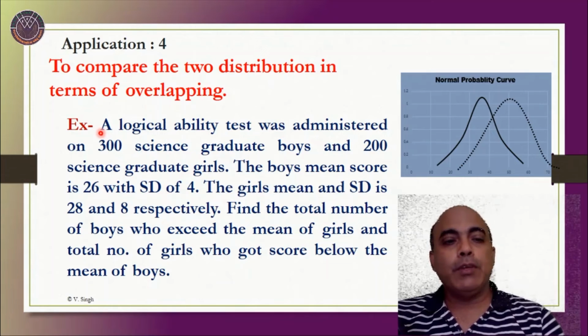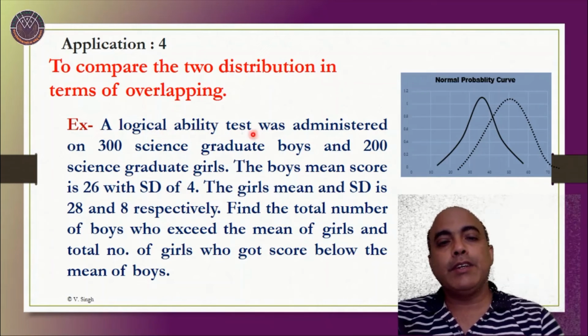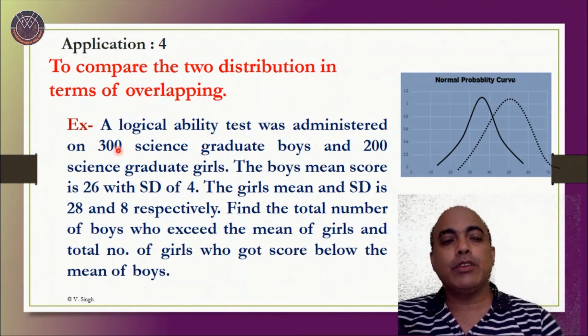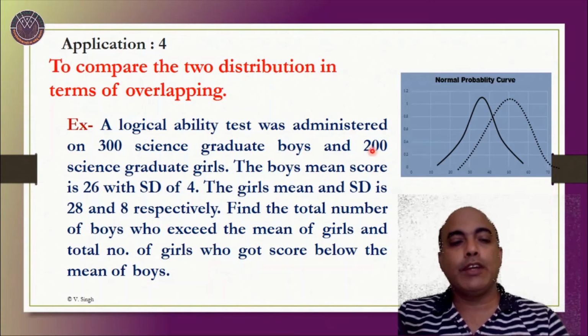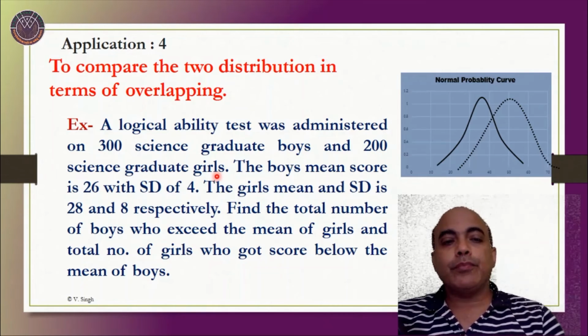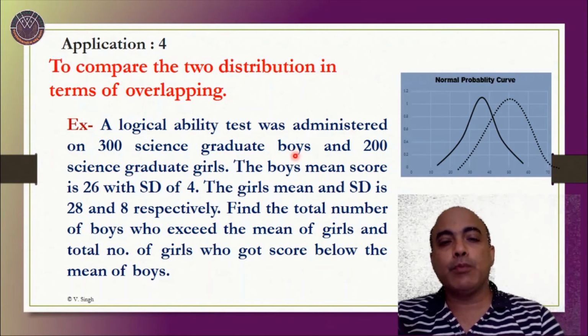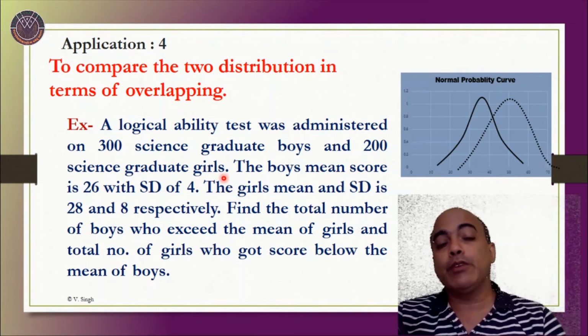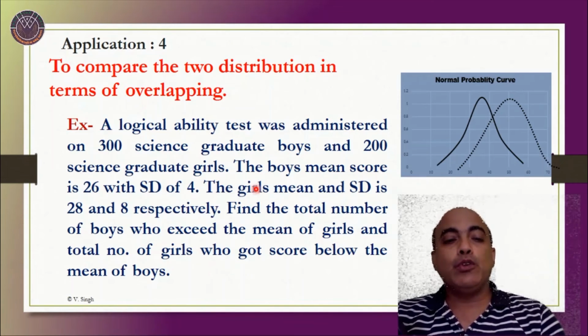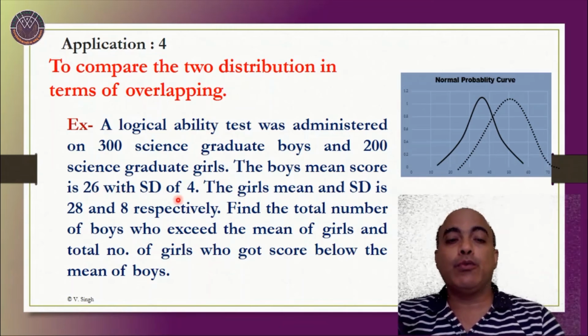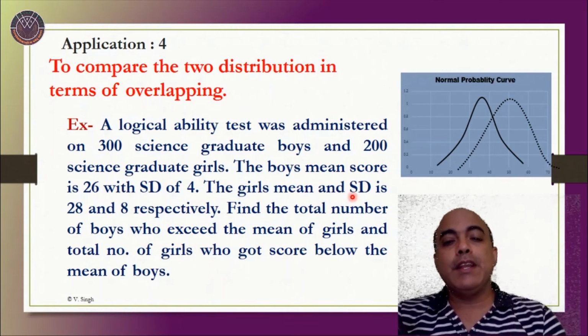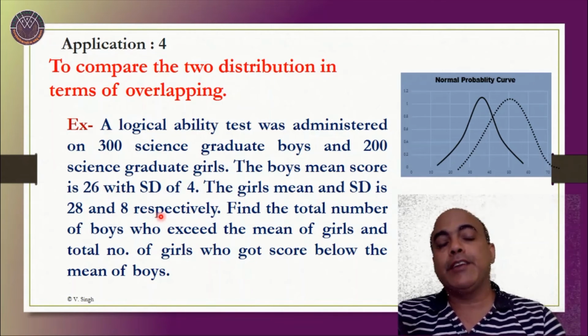The problem is: a logical ability test was administered on 300 science graduate boys and 200 science graduate girls. The boys' mean score is 26 with SD of 4, and the girls' mean and SD are 28 and 8 respectively.